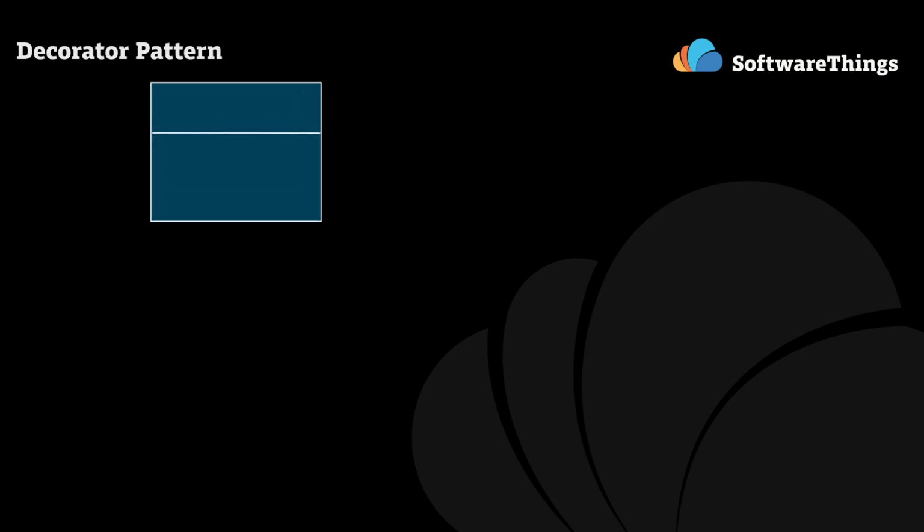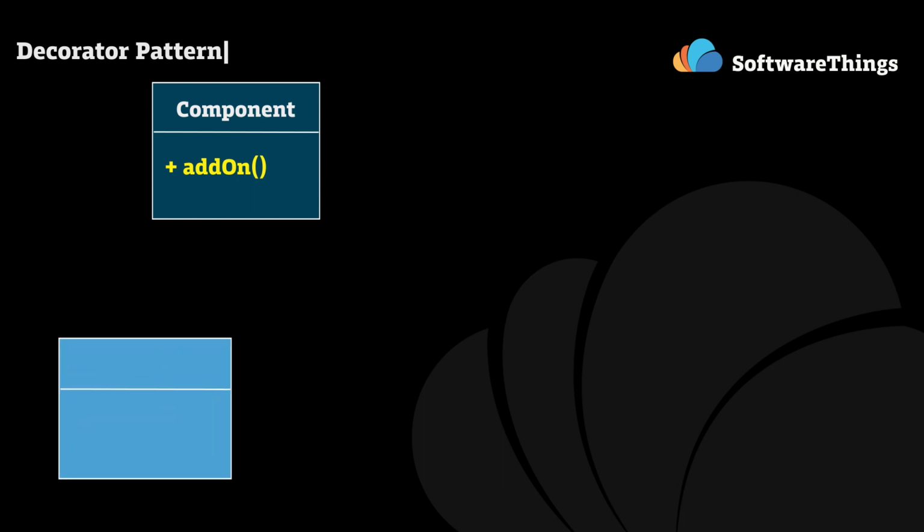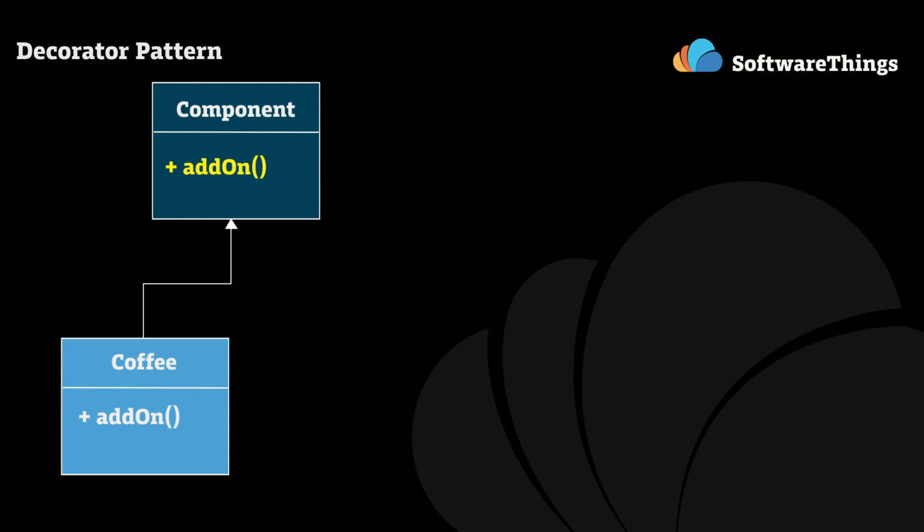To implement a decorator pattern, it requires: 1. A component interface that carries a component abstract method. This method will be implemented by the concrete component class and the concrete decorator class. 2. A concrete component class that represents the core object. 3.